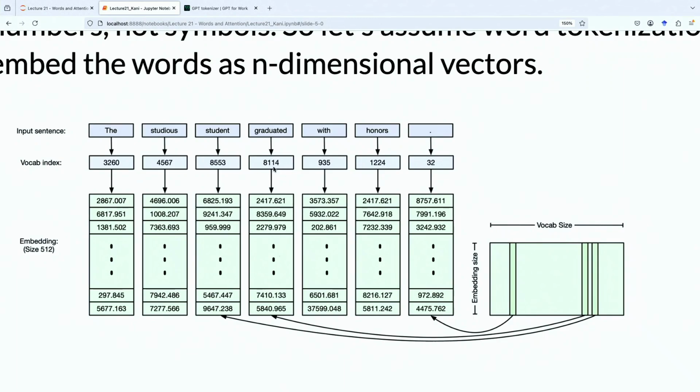The reason is, when we input a particular word, we want to give the model some information about what the word means. Right now, these numbers contain no information about what the word means. The model has no semblance of knowing what graduated means, what honors means, what with is. All these numbers are pretty much equidistant from each other, but that's not ideal. That's not how language works.